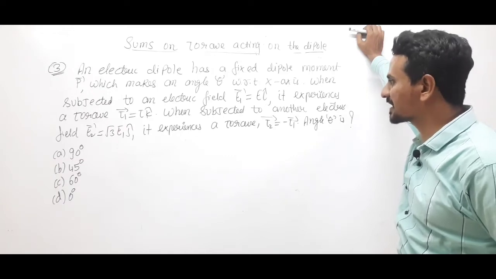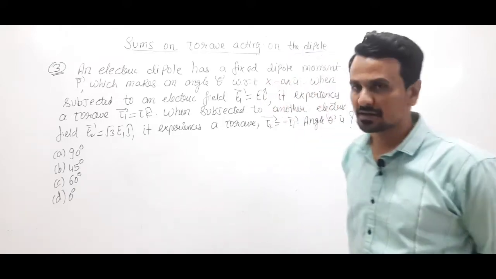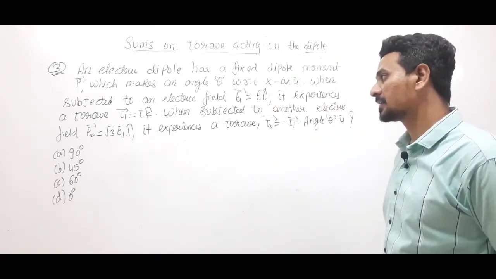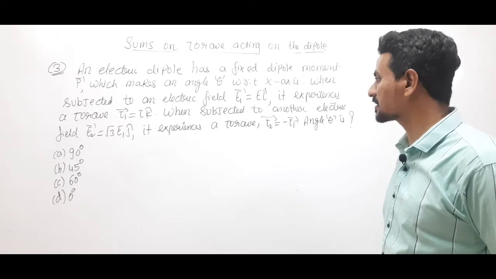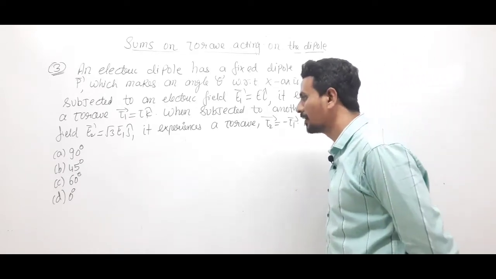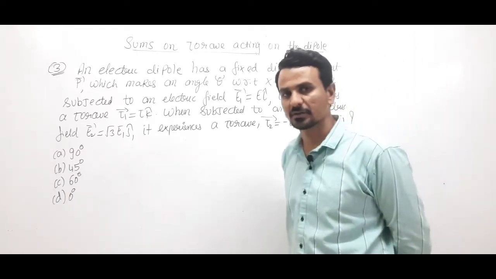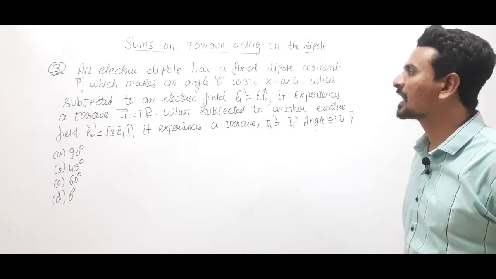When subjected to another electric field E2 equals root 3 E1 ĵ, it experiences a torque which is τ2 equals minus τ1. Now to find the angle theta. Well, this is a question of JEE.